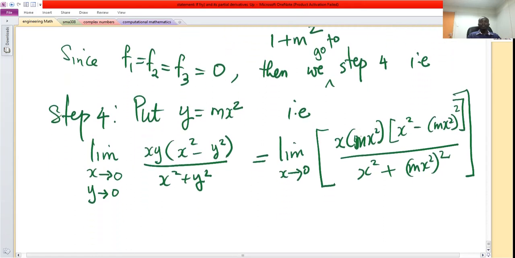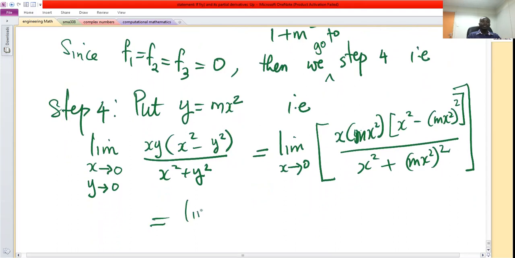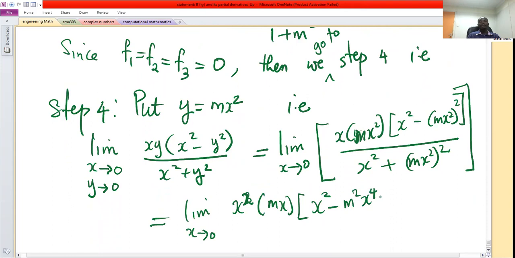So on simplification, we'll have the limit as x approaches 0. Now here I can say x power 3, x power 2, and then I have mx times x squared minus m squared x power 4, I'm opening here, divided by, I factor out x squared in the denominator.